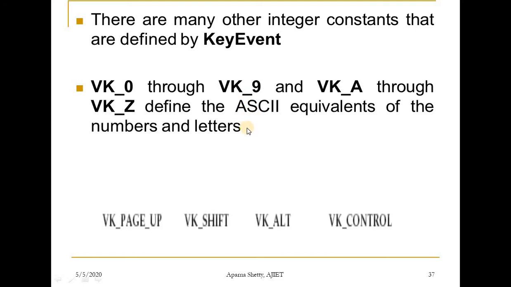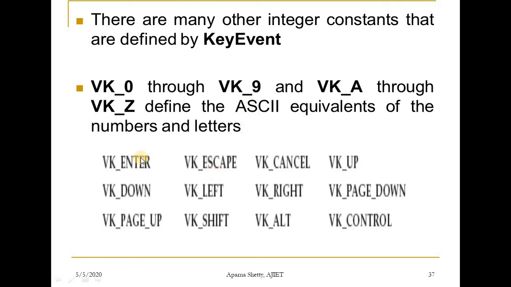And also we have some other integer constants: VK_ENTER, VK_ESCAPE, VK_CANCEL, VK_UP, VK_DOWN, VK_LEFT, VK_RIGHT, VK_PAGE_DOWN, VK_PAGE_UP, VK_SHIFT, VK_ALT, and finally VK_CONTROL. So these are the constants representing the different types of keys in the keyboards.